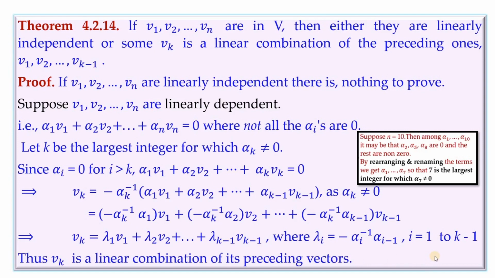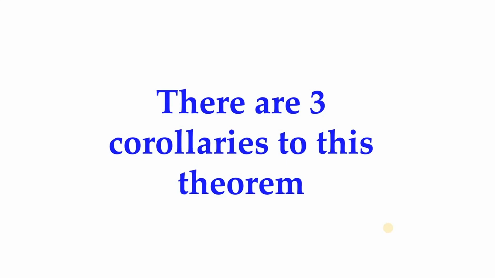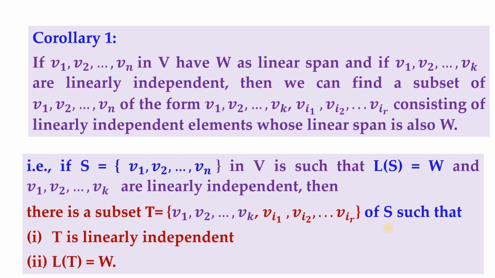So the proof of this theorem is very simple, but this theorem has 3 corollaries. We'll see them one by one. The first one says that if v1, v2 and so on vn in V have W as linear span, and if v1, v2 and so on vk are linearly independent, that is, the first k vectors are linearly independent, then we can find a subset of these vectors of the form v1, v2, vk, which we are retaining as such.